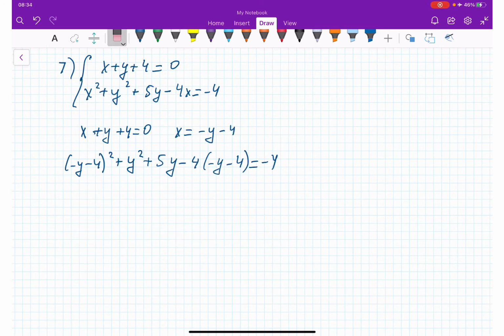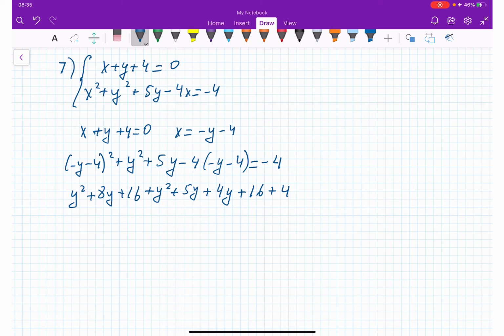From here, we're going to have y squared plus 8y plus 16, because both of them are negative, negative y and negative 4. So when you multiply by each other, it's going to be positive. When you raise to the power 2, it's positive. So it's the same thing as y plus 4 squared, plus y squared plus 5y plus 4y plus 16 and plus 4. Let me put this 4 readable.